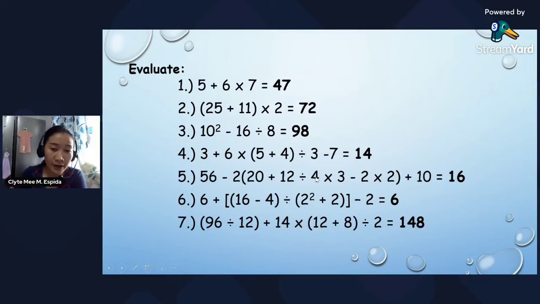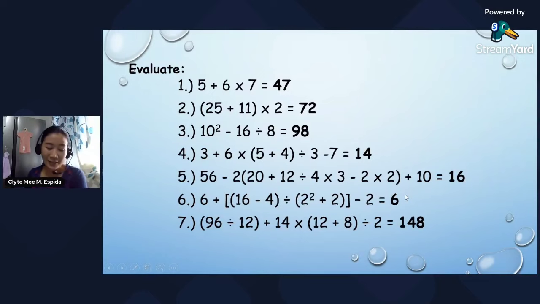So 2 times 25, that's 50. So 56 minus 50 is 6. At the end, we have plus 10. So we have 6 plus 10. That's why we have 16.